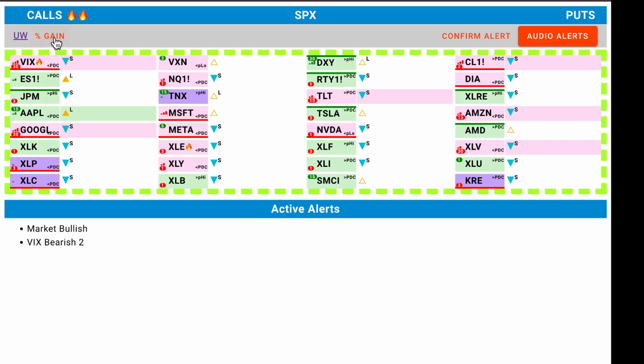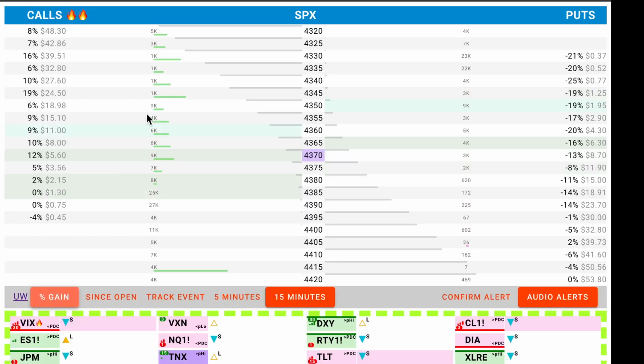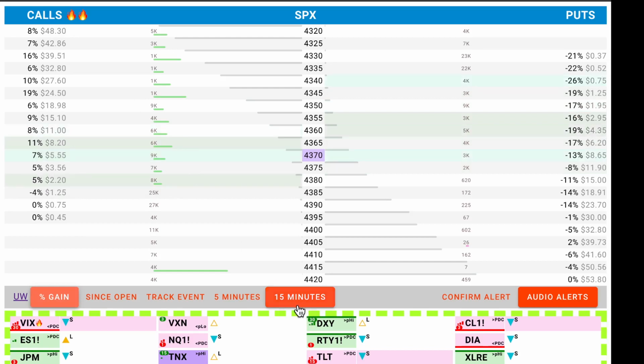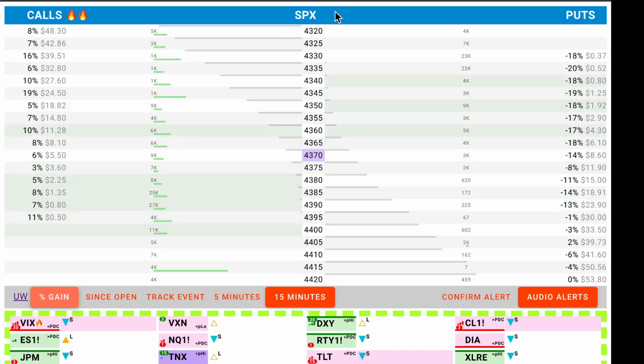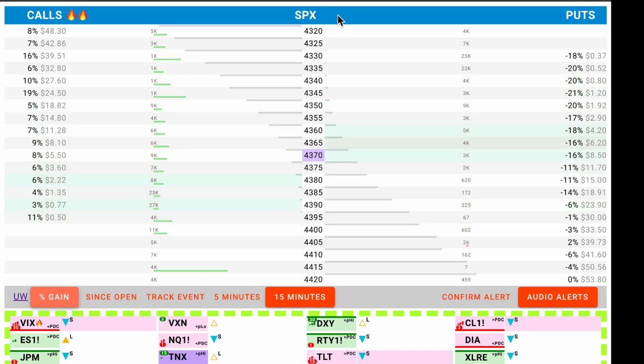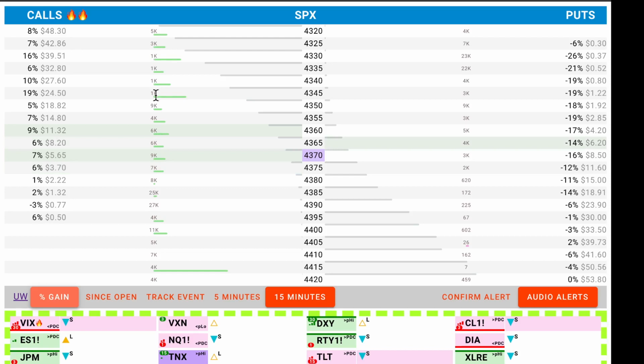We can also click on this button, percentage gain. This will tell us over the last 15 minutes who's making money. When I look at the SPX contracts, 0 DTE, for these strike prices, right now the calls are making money.